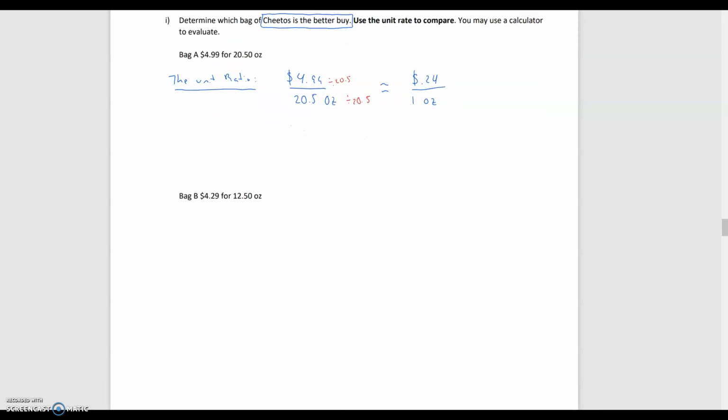Now for the second one, we're looking at a price of 4.29 divided by 12.5 ounces.